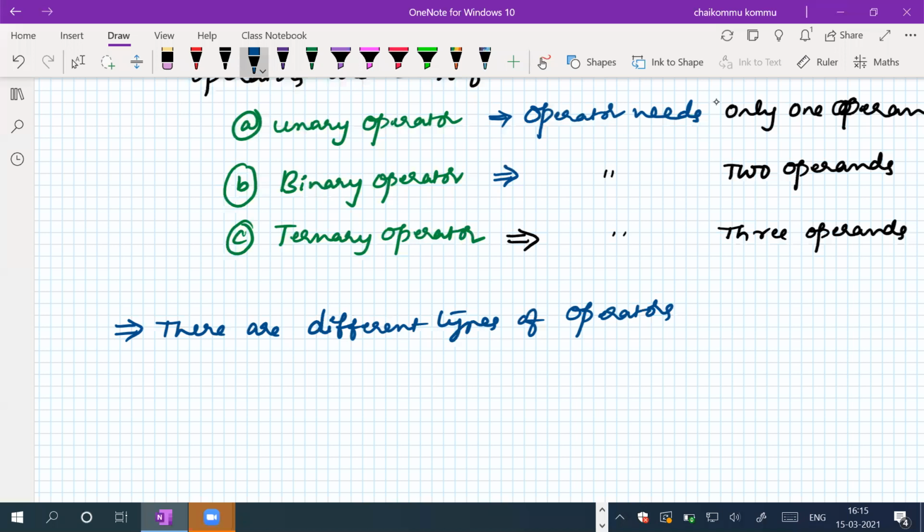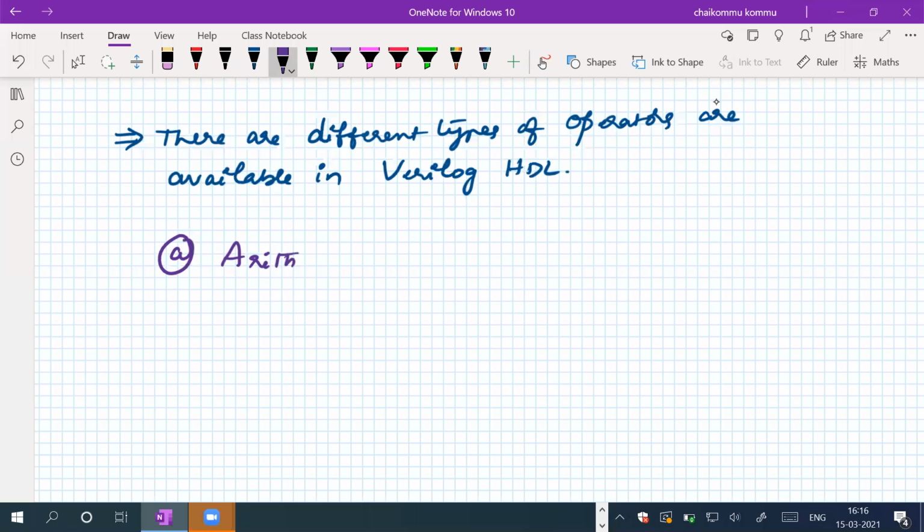The first one is the arithmetic operator. That means this operator will perform the arithmetic operation on the operands.